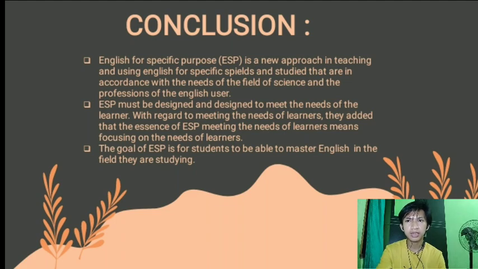ESP must be designed to meet the needs of the learner. With regard to meeting the needs of learners, the essence of ESP is focusing on the needs of learners. The goal of ESP is for students to be able to master English in the field they are studying.